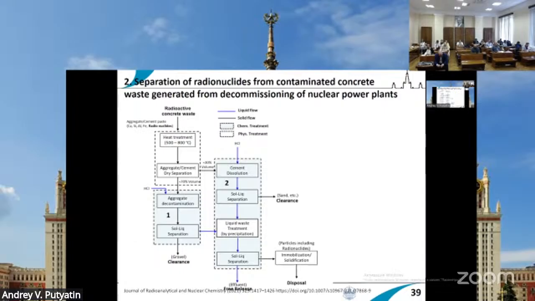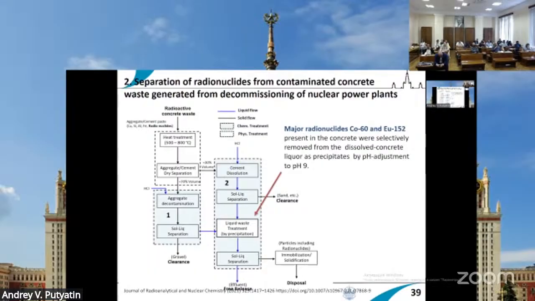And here is an example where we need to decontaminate concrete waste. There, maybe the most suitable technique is heat treatment of it to remove the water and make the volume lower. And after that, we need to deal with this cement and clean it of the radionuclides.